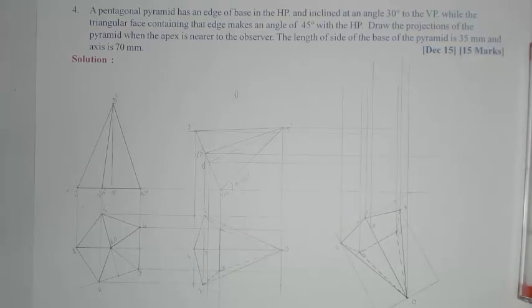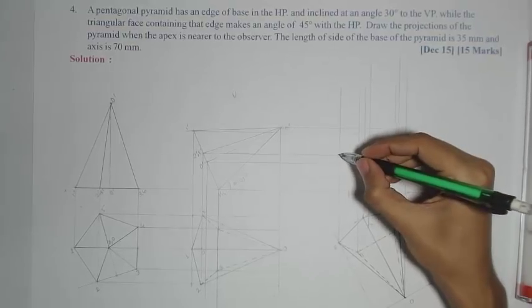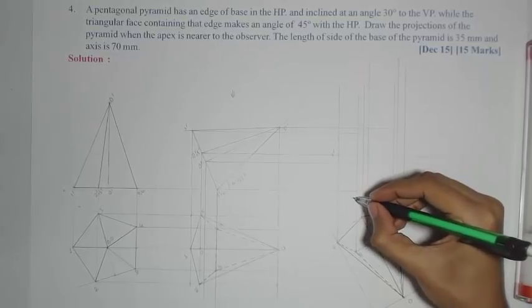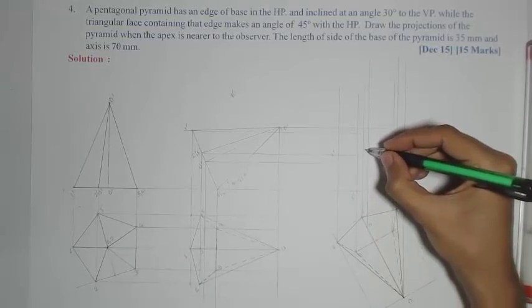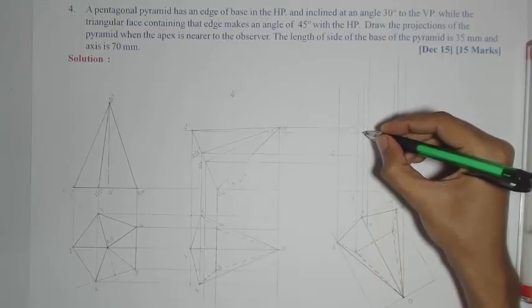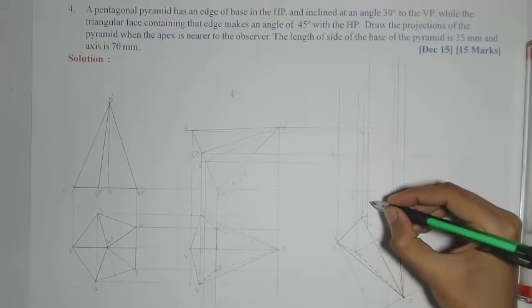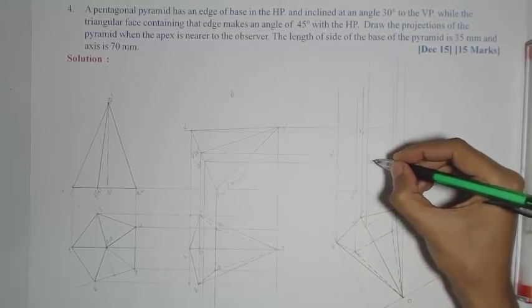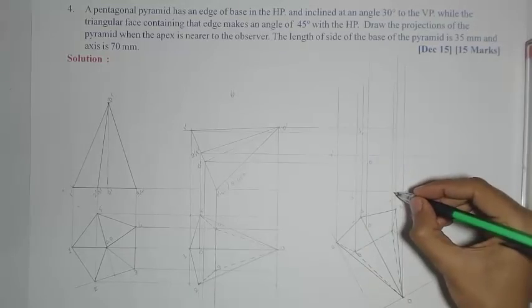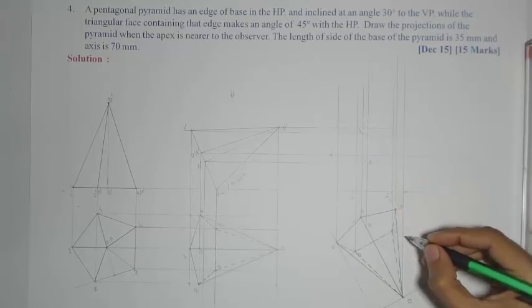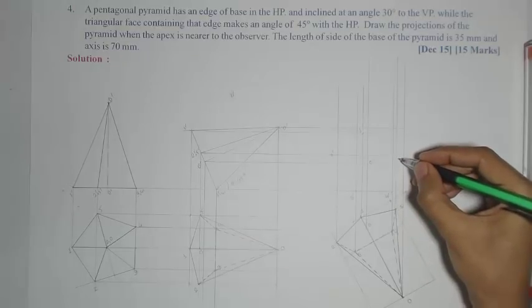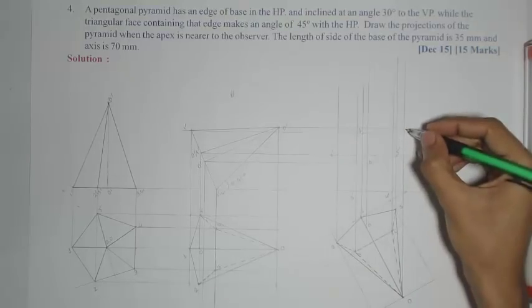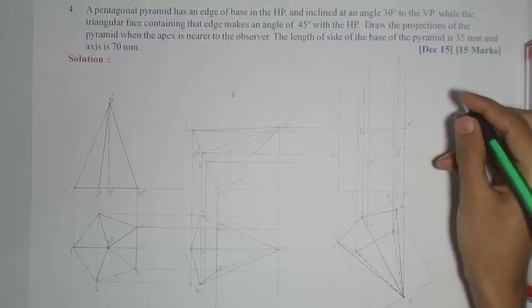I'll mark all the points. 2 dash, then 3 dash up on the XY line, 1 on this projector, then O, the center of the base, will be here, then 4 is 4 dash on the XY line, then 5 on this line, same as that of 2, so 5 dash, then O will be the apex here, O dash.